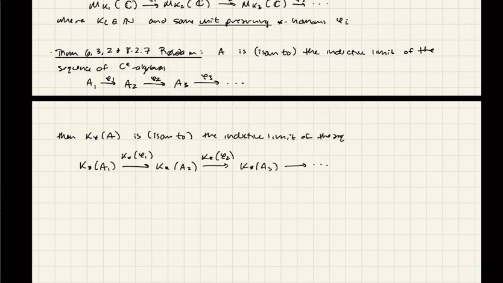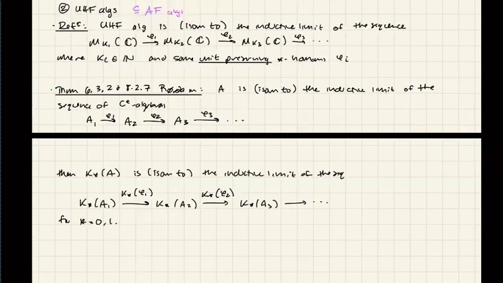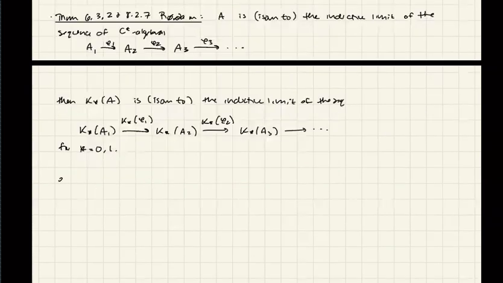Okay, and this holds for whether I'm considering K0 or K1. Okay. So, like I said, this theorem is in more generality than we need when we're considering a UHF algebra or an AF algebra. These C-star algebras could be anything. But let's do a specific example. My favorite UHF algebra is the CAR algebra.